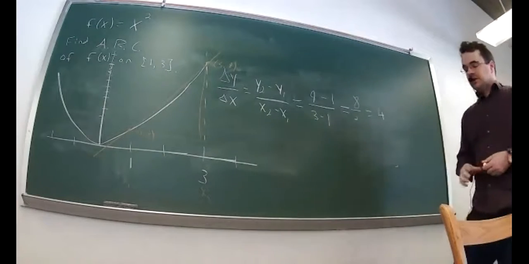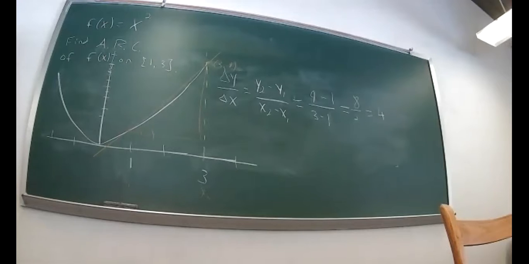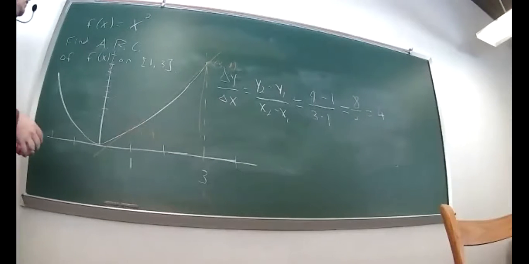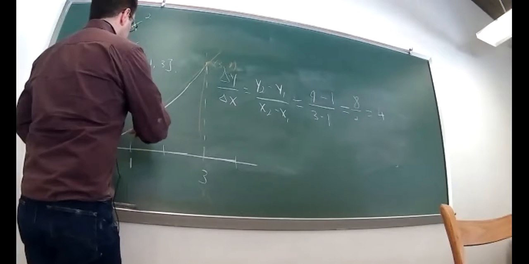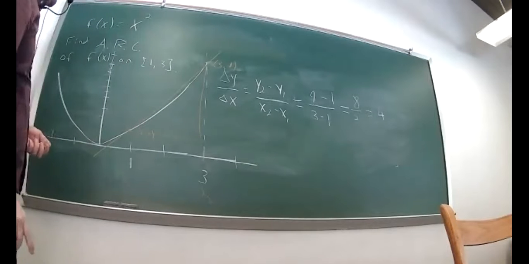So the average rate of change of f of x equals x squared on the interval from 1 to 3 is equal to 4. It's sort of just an algebra concept, slope of the line, but now applied to a particular situation.